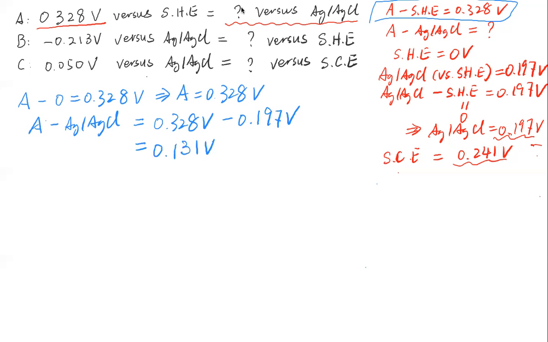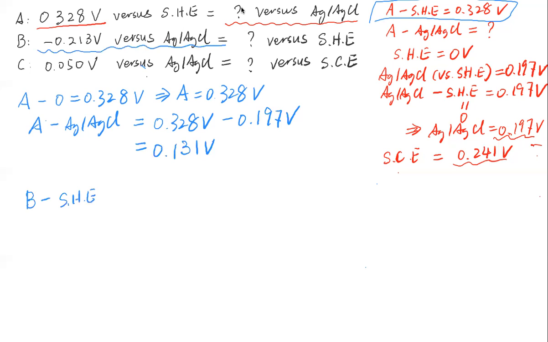Now, for B, what we know here is B versus silver chloride is negative 0.213 volts. But we want to look for B versus SHE, right? So we're looking for B minus SHE.